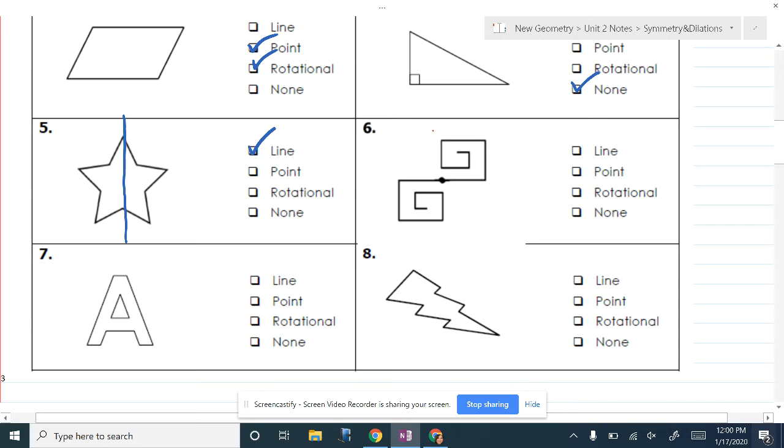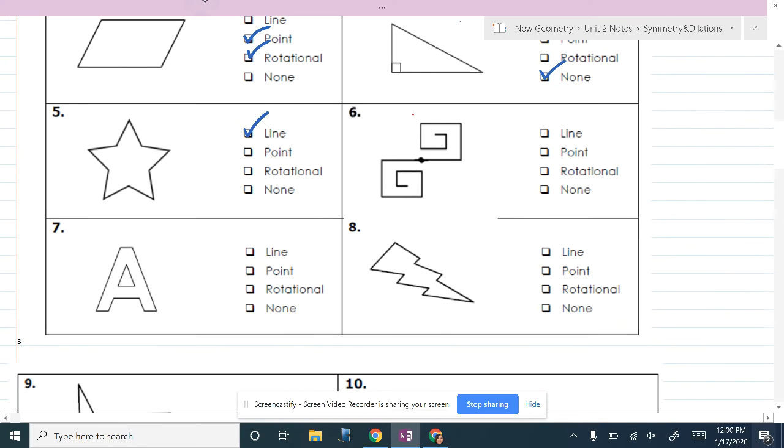So that does have line symmetry. Also, upside down, that top point would be pointed down, and these two bottom points would be pointed up. So it does not have point symmetry. However, I can rotate it just a little bit to the left, and it would match up. So it does have rotational. So that star has line and rotational symmetry.